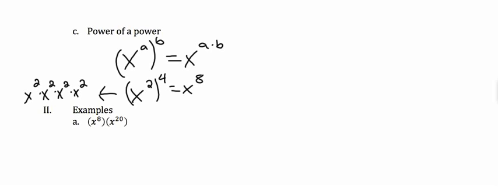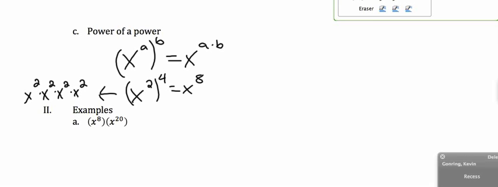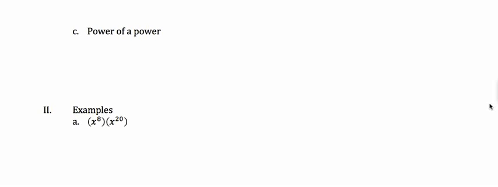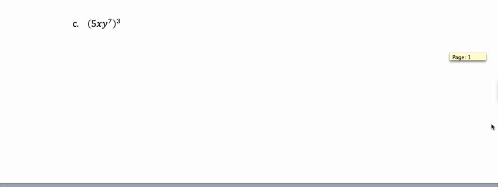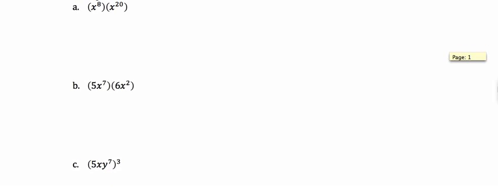Okay, let's get to some specific examples. I'm going to have you guys try these specific examples on your own. None of them are particularly challenging. The last one does force you to apply 2 rules at once, but give it a try. See if you can figure these out, and then pause, come back, and I'll show you what the answers are.